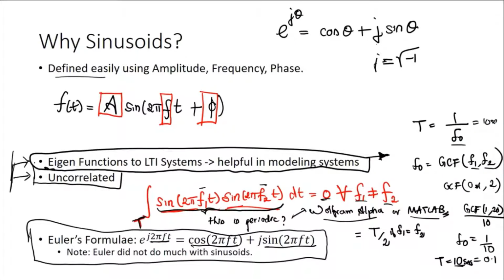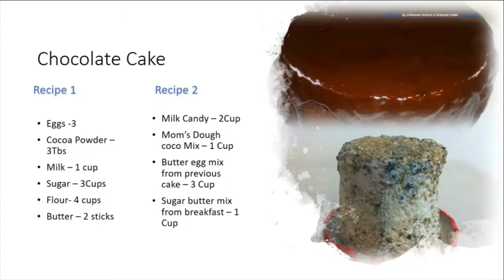All right, let's go to the chocolate cake. This is going to tell you what uncorrelated means. There are two recipes here. One is 3 eggs, cocoa powder 3 tablespoons, milk 1 cup, sugar 3 cups, flour 4 cups, butter 2 sticks.